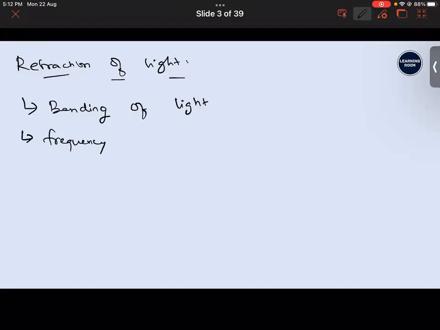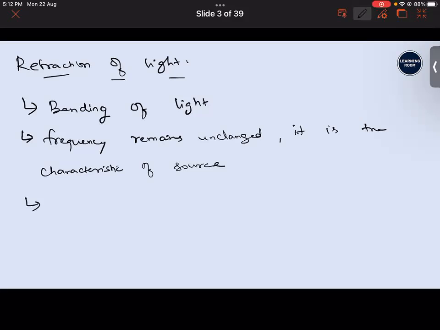Of the source which is producing it. So frequency remains unchanged because it is a characteristic of the source which is producing it.